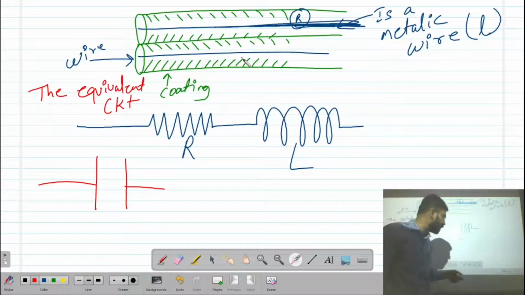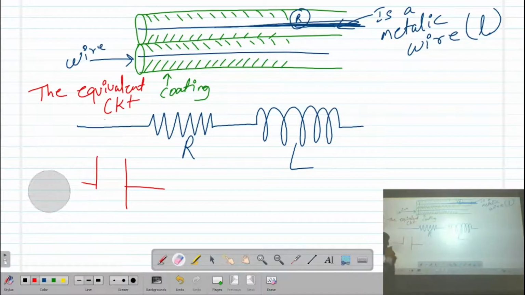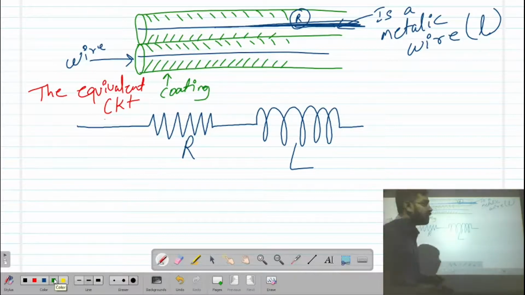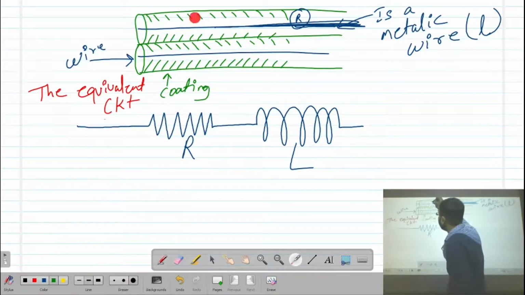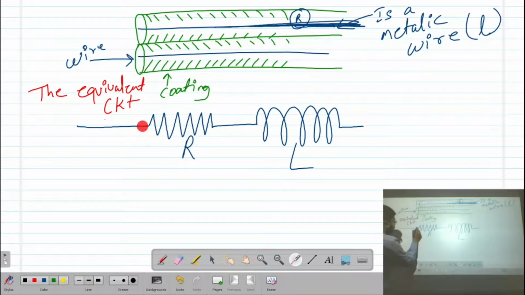And that we will be including in this equivalent circuit diagram. The capacitor will be in parallel. Remember, the capacitor will be parallel. Why? Because it is not associated with the length of the wire, it is associated with the surrounding. And the capacitor will be in this form.